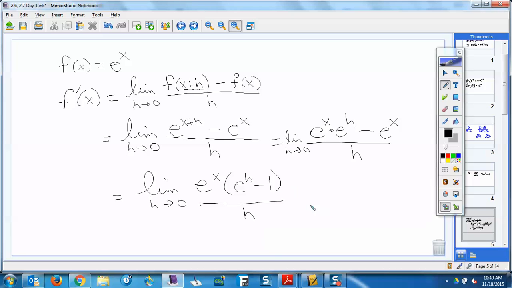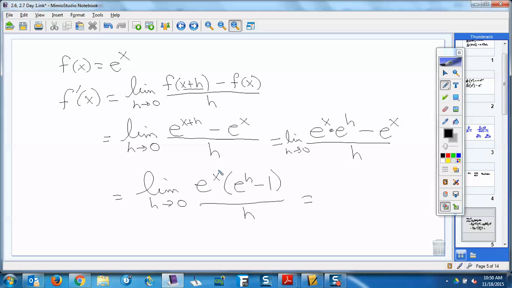Now, as h gets closer and closer to 0, what's going to happen to e to the x? Well, now careful. As h gets smaller and smaller, what happens to e to the x? Nothing. Nothing happens to e to the x because it doesn't have an h in it.